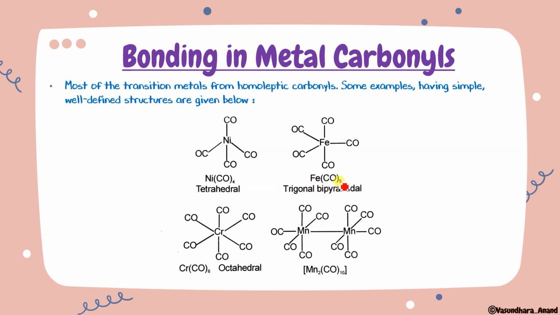Pentacarbonyliron has a trigonal bipyramidal structure. Next is hexacarbonylchromium, which is octahedral, and next decacarbonyldimanganese, which will also be octahedral in shape here. These are a few metal compounds.